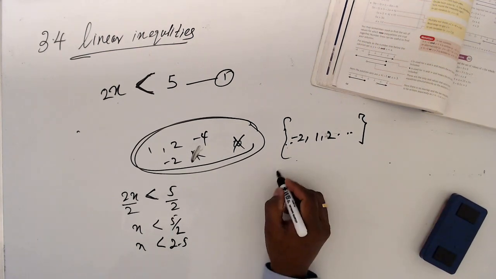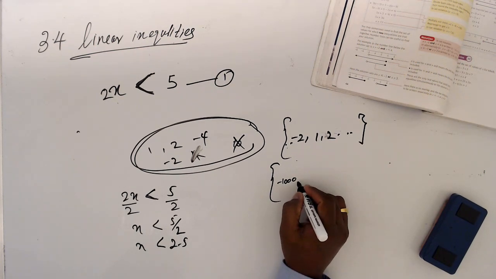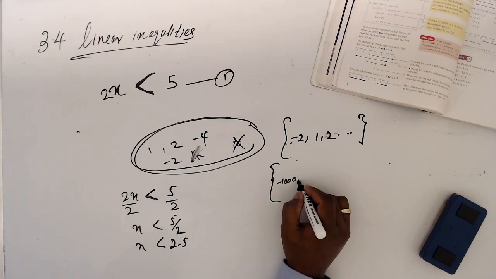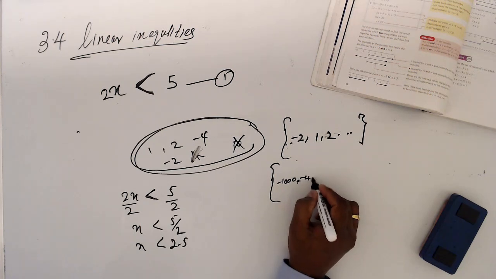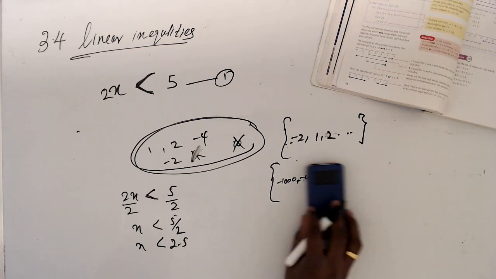Then I would have to write again minus 10,000, minus all the numbers, minus 4, 0. Still there are gaps, and I can't leave gaps.